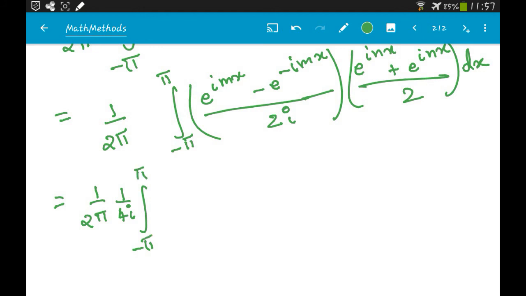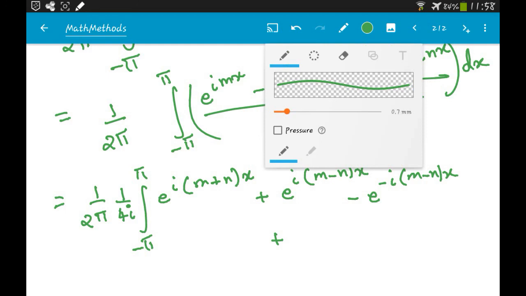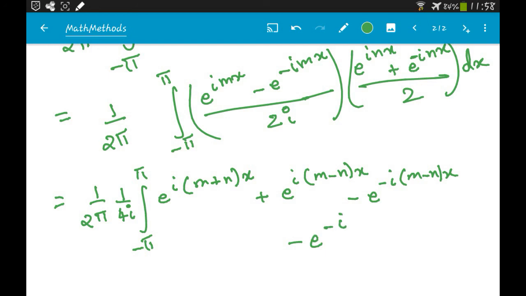So you will have e power i (m plus n) x plus e power i (m minus n) x, minus e power minus i (m minus n) x, minus e power minus i (m plus n) x, dx.